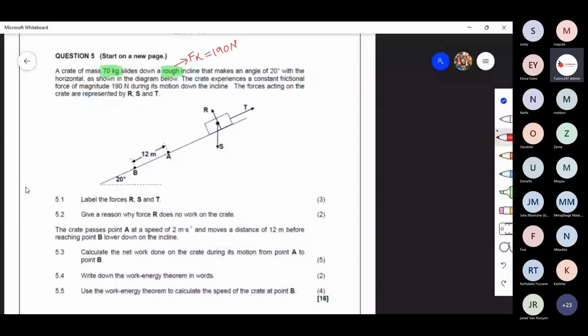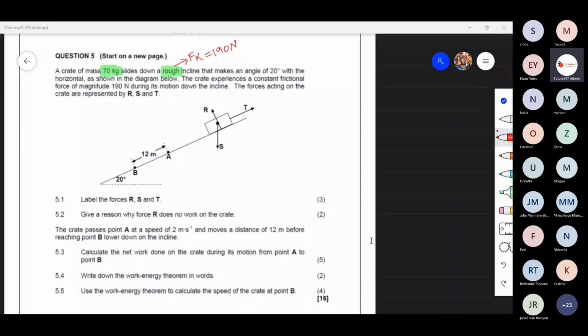Let's do something interesting. What do you guys think force R and S is? You can type your message out in the chats, or you can unmute yourself and speak up.